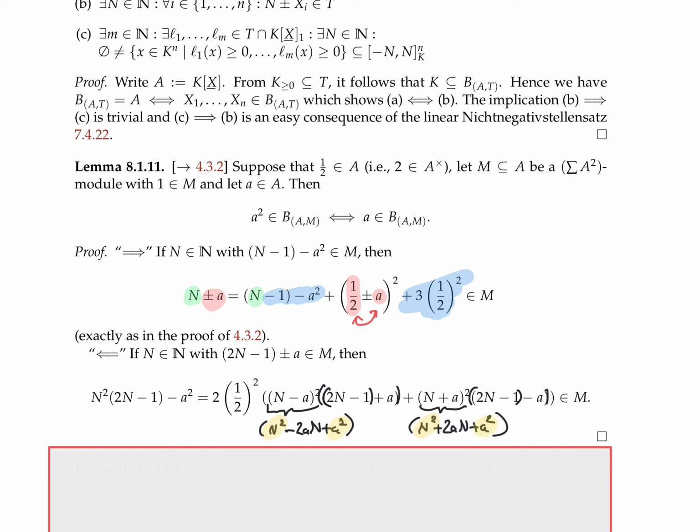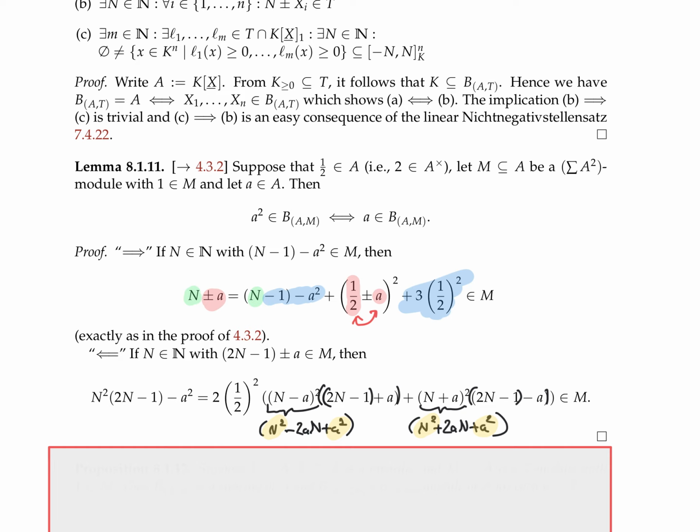And if I multiply this with 2n minus 1 in both cases, then I get twice this thing, right?